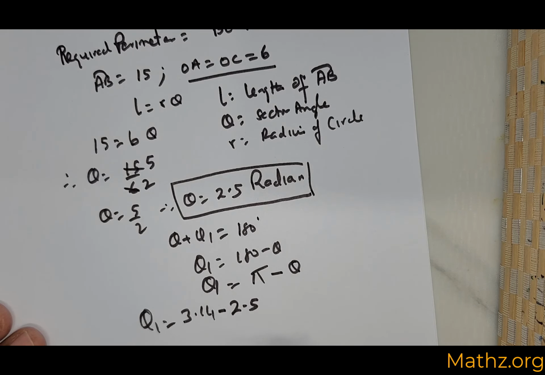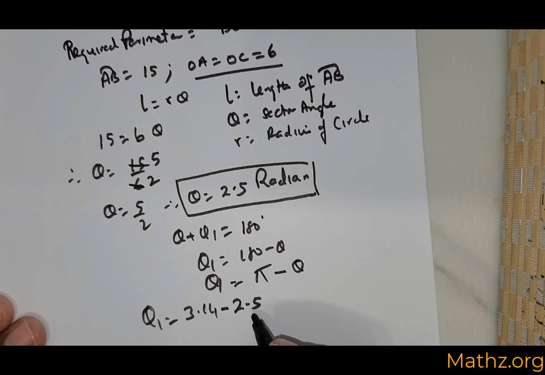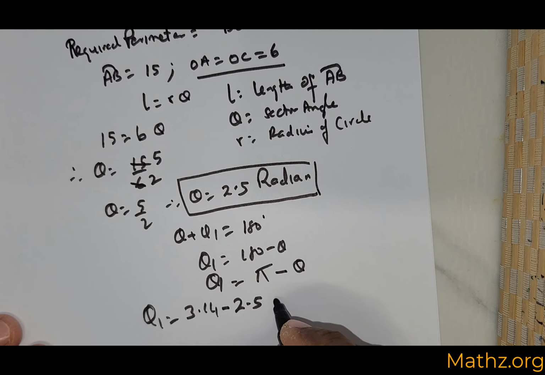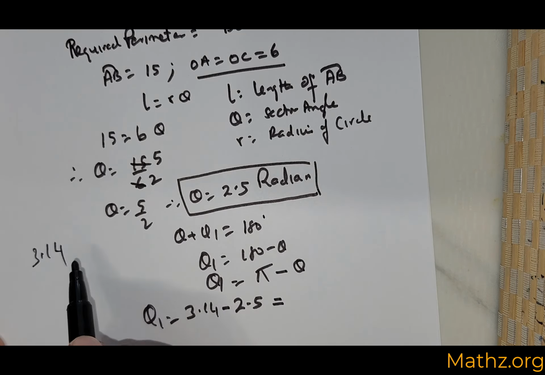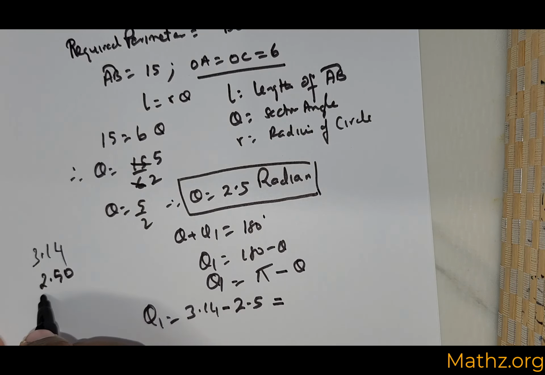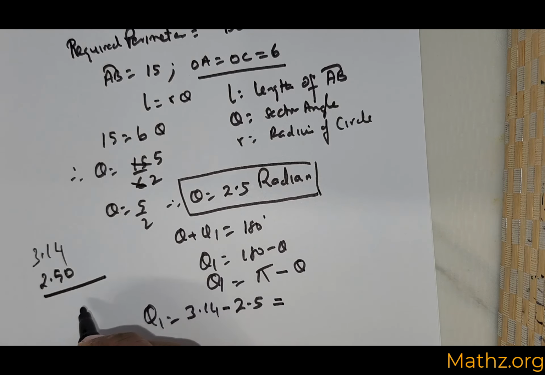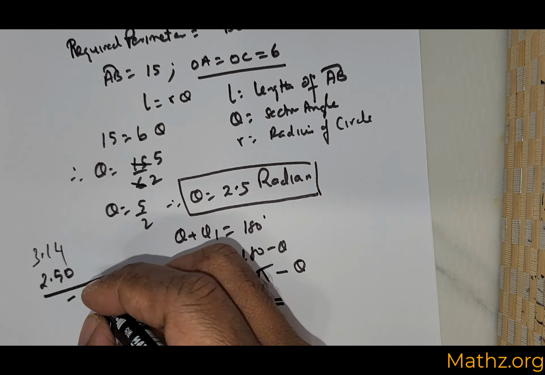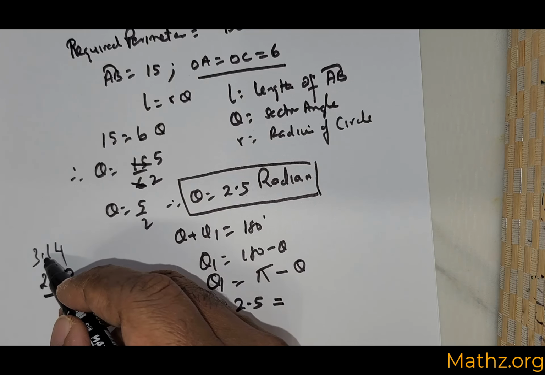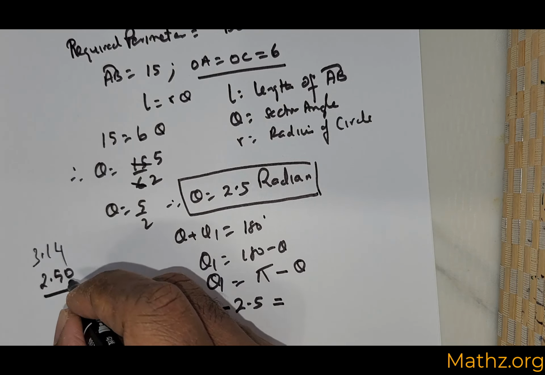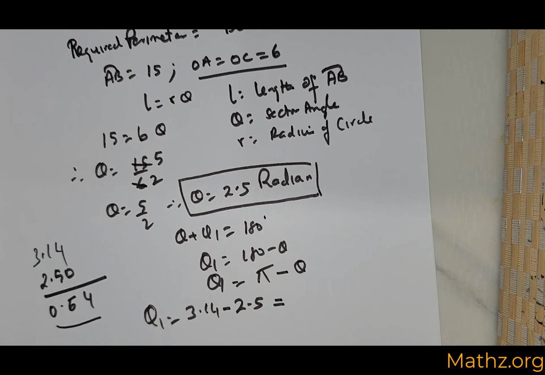If you perform that subtraction, 3.14 minus 2.5, you carry 1, you will get 11, from 11 you take away 5, you will get 6, and it's going to be 0.64.